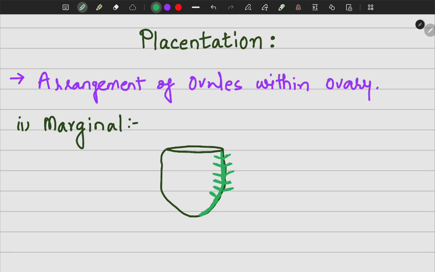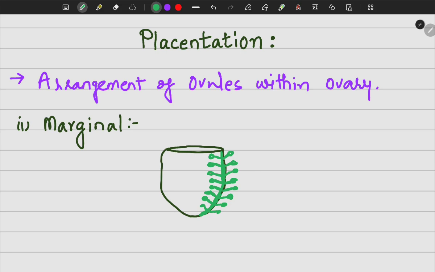So I'm drawing one row outside of the ovary here, but it's actually within the ovary on the other side of this ridge. So the placenta looks like this and the ovules are attached to it. This kind of placentation is called marginal placentation because the placenta is formed at the margin of the ovary.